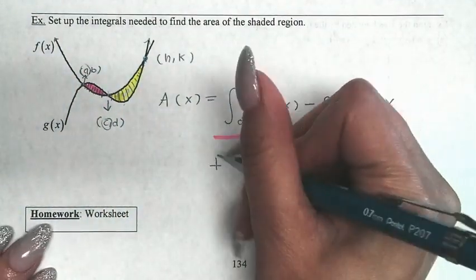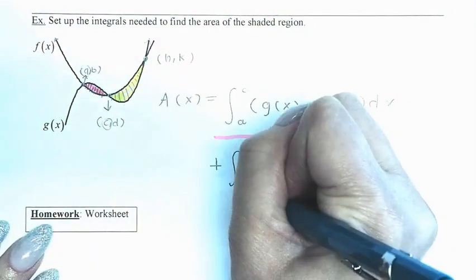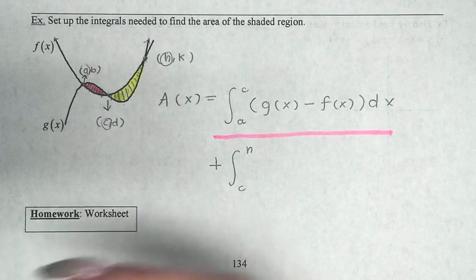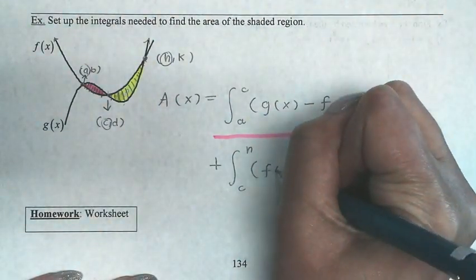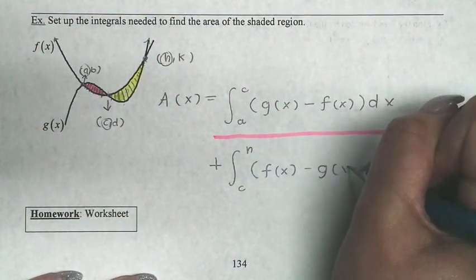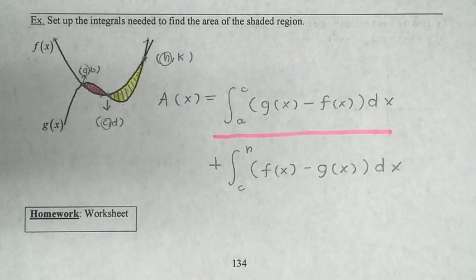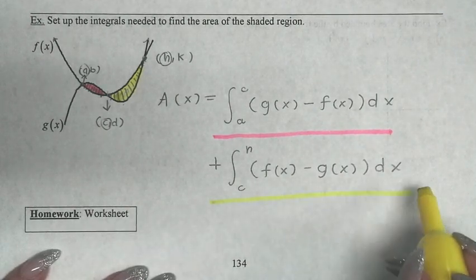So here you are going to use from C to H, because you are looking at the x part of the points, and your top here is going to be f of x minus g of x dx. So this is pretty much the yellow part.